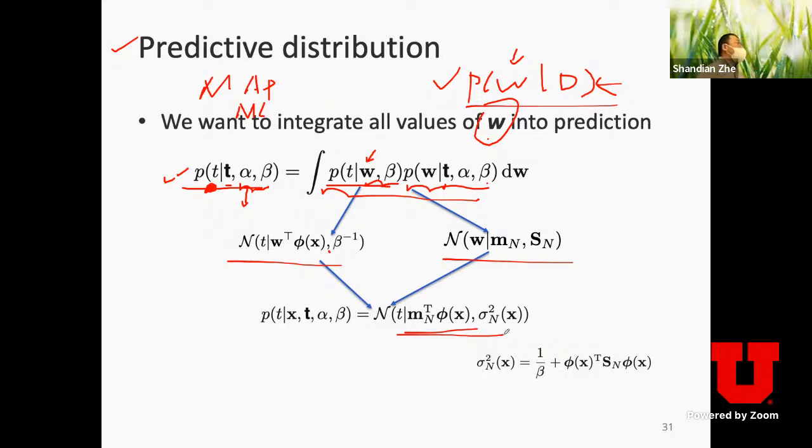We suggest you practice, because in Bayesian learning, such Gaussian convolution, Gaussian multiplication, and normalization are very, very common. So this trick is very useful.